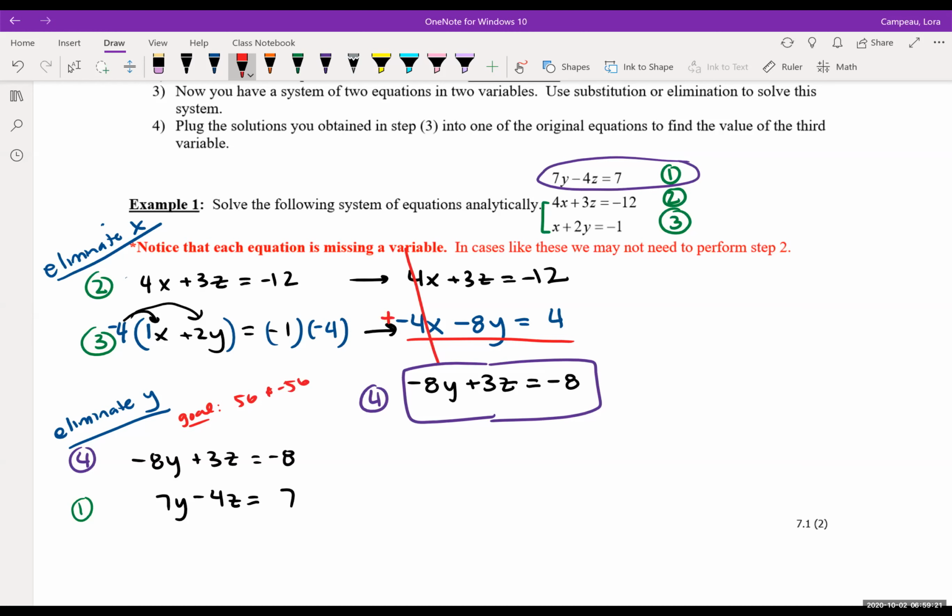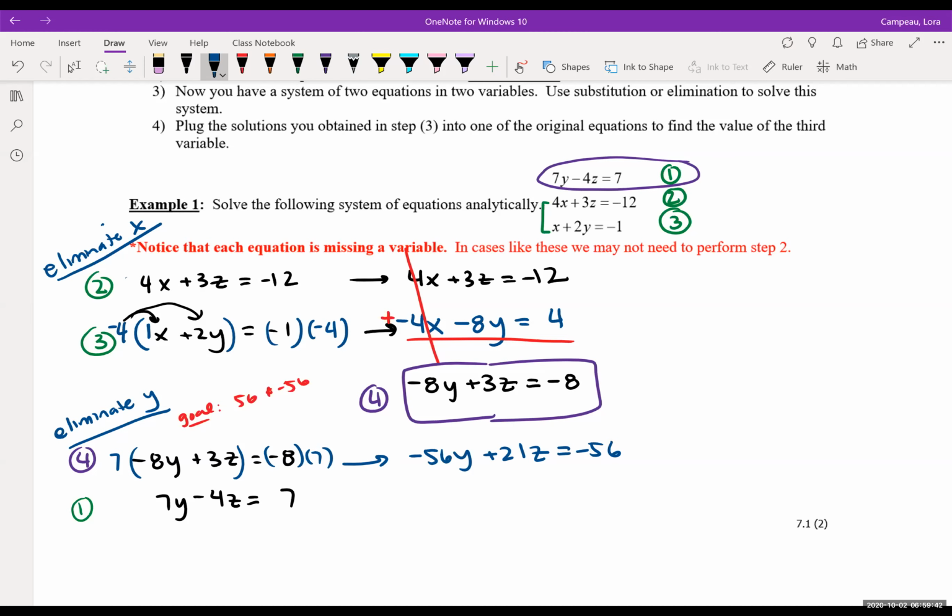So in the top equation, we already have a negative number. So you're going to multiply that by positive 7. That will give us negative 56y plus 21z equals negative 56.